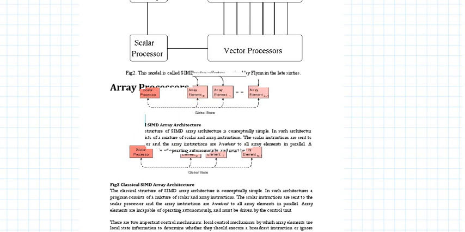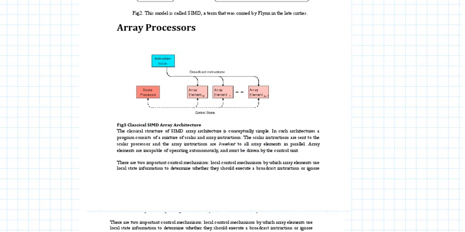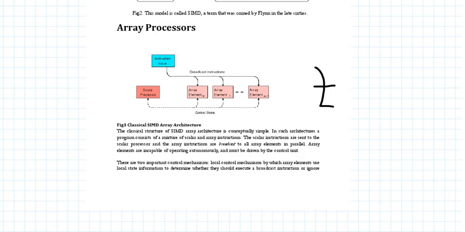That means if your clock cycle is at the t-th instant, then A0 of our example can be executed in array element 0 at the same time.